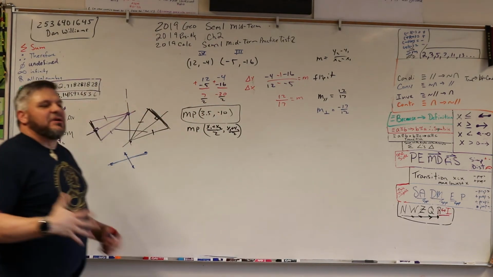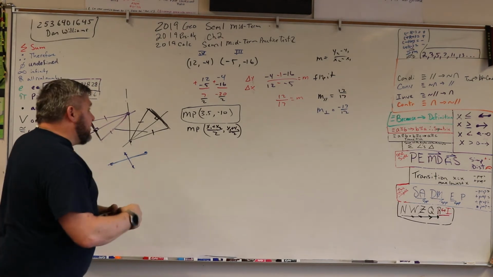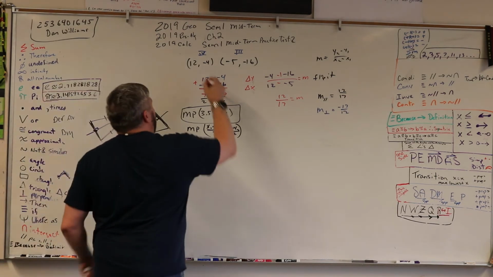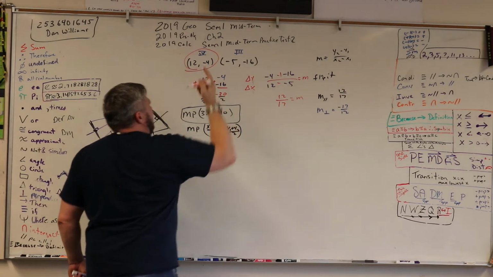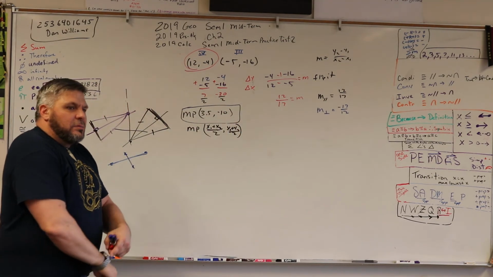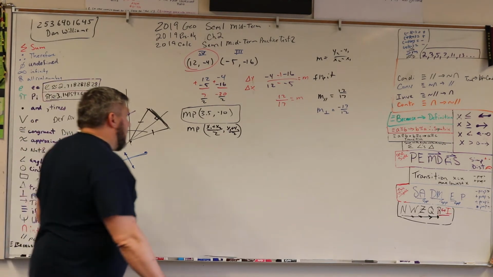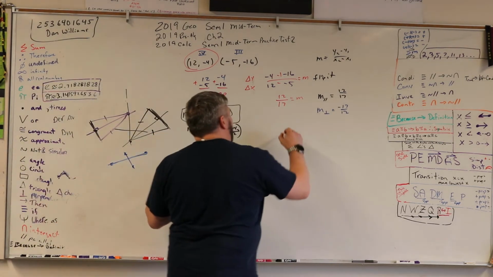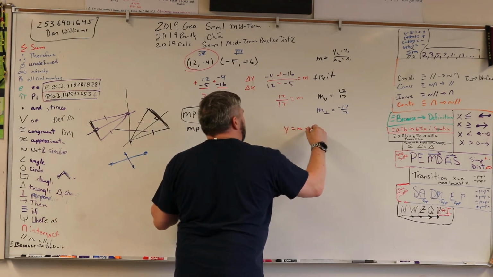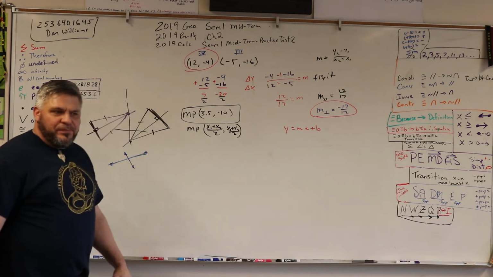Now I just got to figure out the y-intercept. So to find the y-intercept, I'm going to choose one of these points. I like this point because it has one positive, one negative. You know, the least amount of positives or negatives, the better. Alright, so I throw that in. So I say y equals mx plus b, where I'm going to use this perpendicular slope.